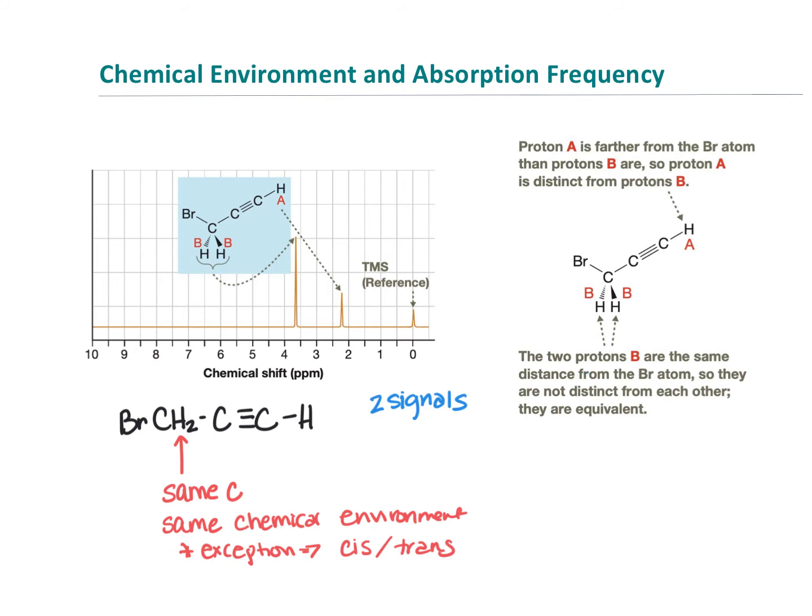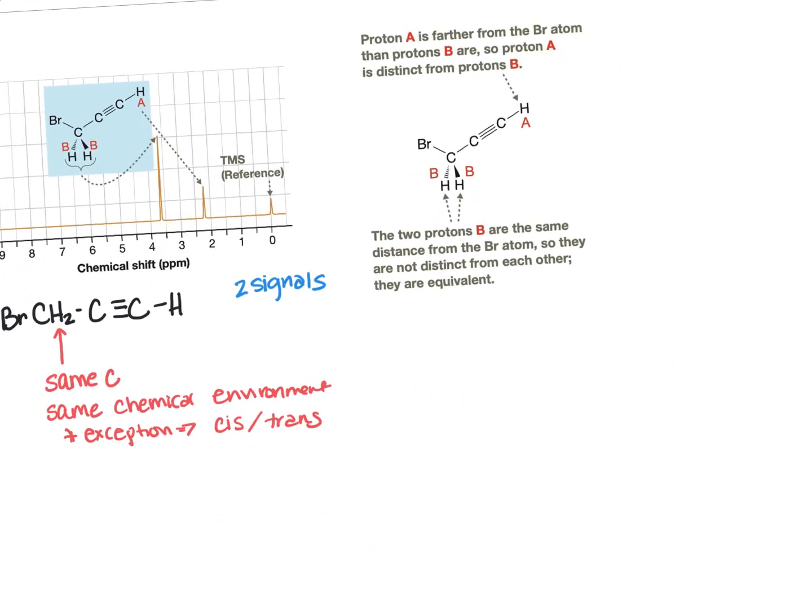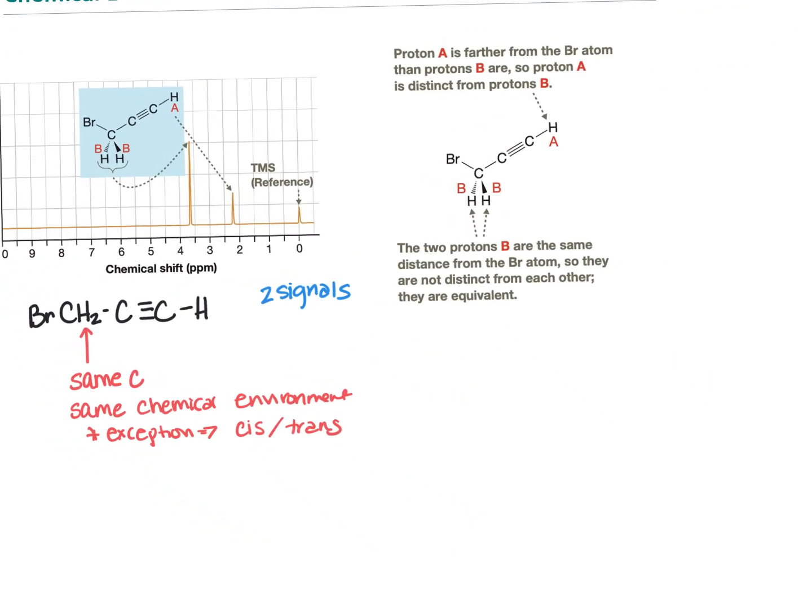I want to do another example here, just really quickly, about how many distinct protons you can have. So, for example, if I have CH3, CH2, CH2, CH3, okay, and I look at this spectrum, there is a point of symmetry.